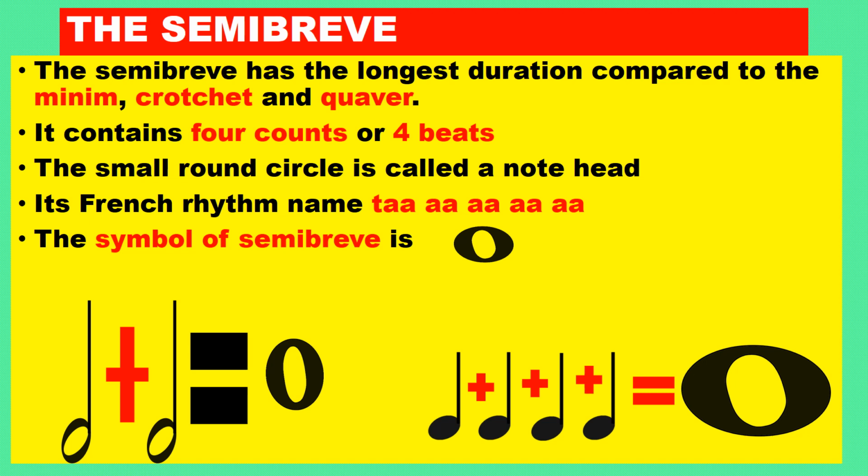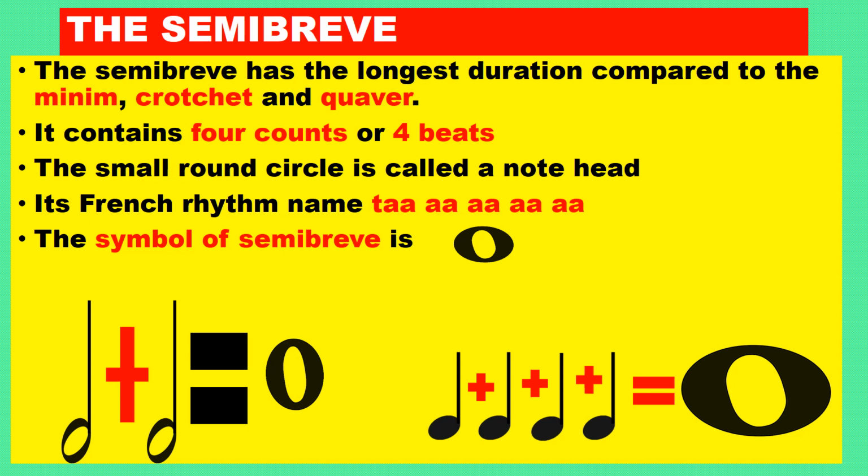The small round circle is called the note head. Its French rhythm note name is ta, and since it has 4 counts, we can also clap. Its symbol looks like just a small circle.